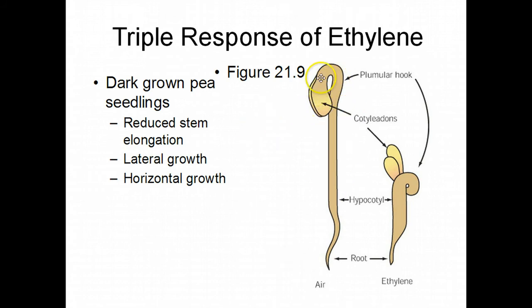So if you have a normal looking seedling here, here's a pea seedling, and you can of course do this with Arabidopsis, then you see this if you expose it to ethylene. The beauty of this is, and we'll talk about it again, that if you want to work with ethylene mutants, you can expose plants to ethylene and see, instead of getting the classic look, you get that 1 in 1,000 that's normal, which means this plant is not responding to ethylene.